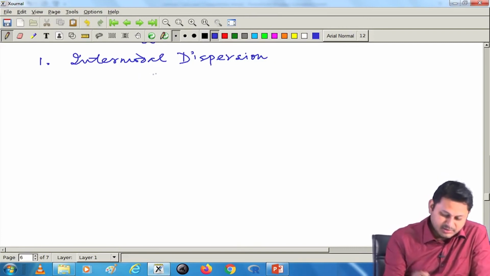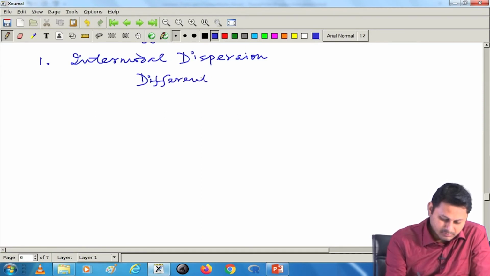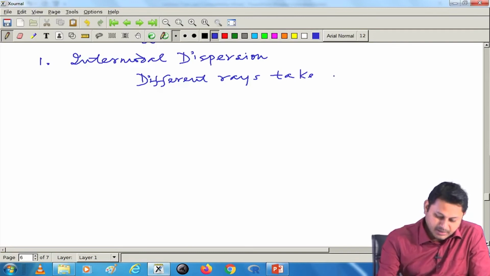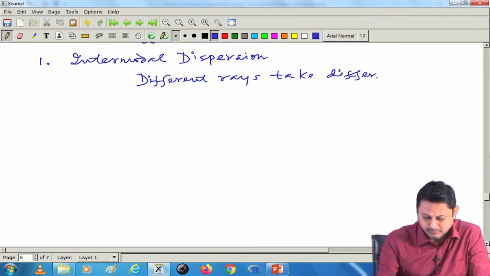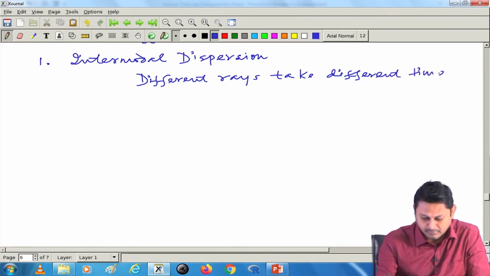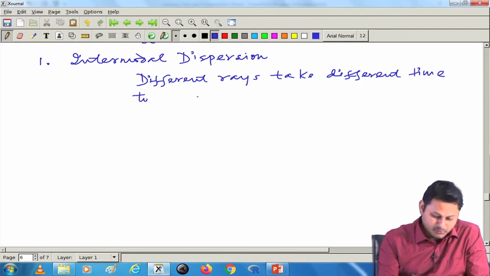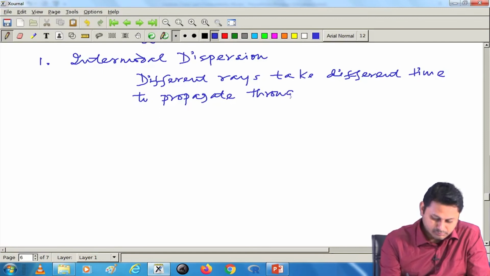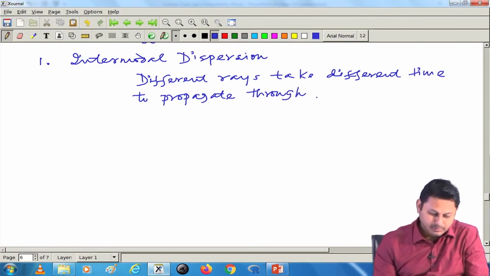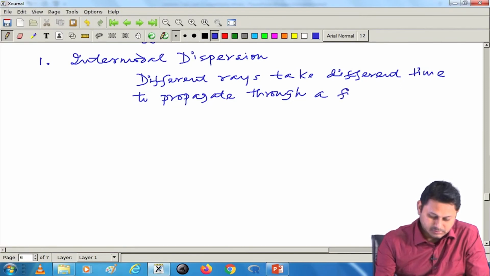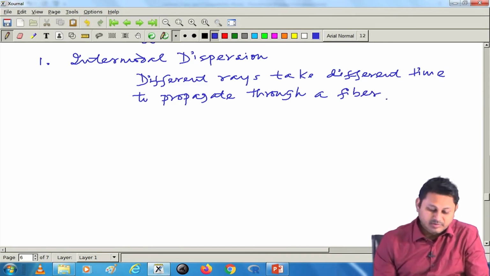One can understand this intermodal dispersion in the ray picture: different rays take different time to propagate through a fiber. This is called intermodal dispersion.